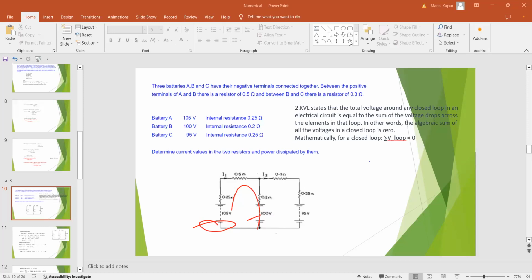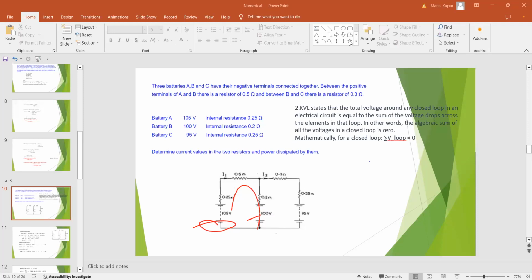But sir, do we have to take plus or minus? Plus. Apart from the voltage terminal, everything will be plus. So plus I1 into 0.5, and we already discussed what current is going in the center line: I1 minus I2.